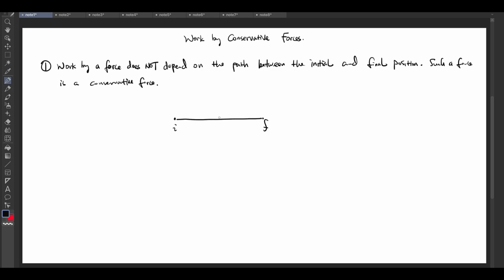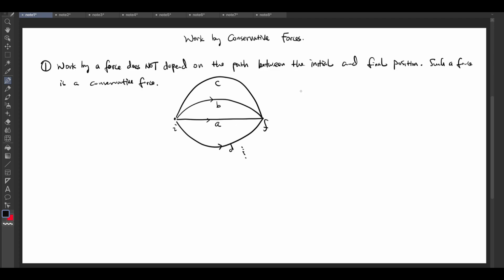Let's call this path A. It can also move along this curved path, that's path B. But even other different curves, path C, maybe from below, it's D. In fact, you can draw infinite number of such paths.